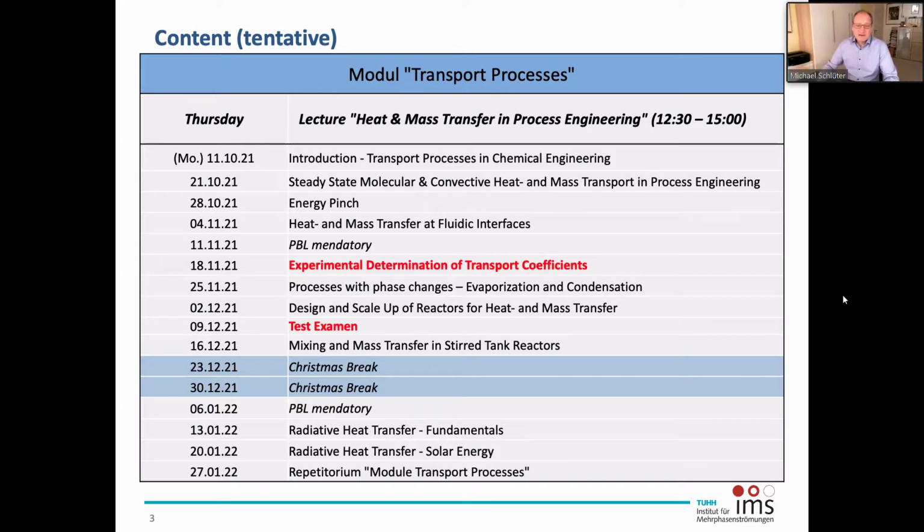Because we have the lecture one day before in multi-phase flows, and this is one repetitorium for the whole module anyway. So I will try to give the total repetitorium on Wednesday in the lecture of multi-phase flows. And then we have this lecture here left. Maybe we have this lecture here for questions and discussions and so on, but it's not necessary then to participate at the 27th, okay? Yes, thank you. I guess this will be the best opportunity.